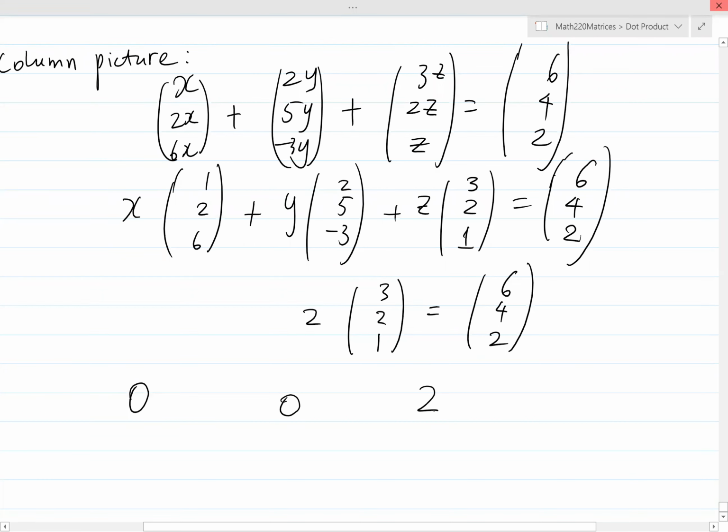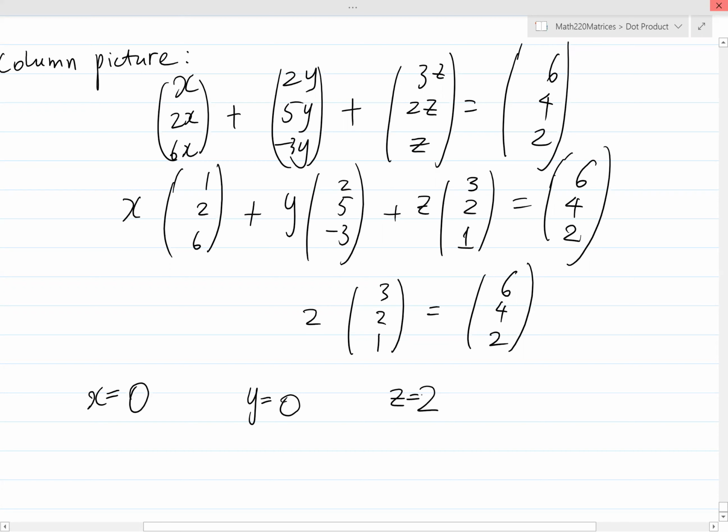So we get a solution very easily using the column picture: x equals 0, y equals 0, z equals 2.